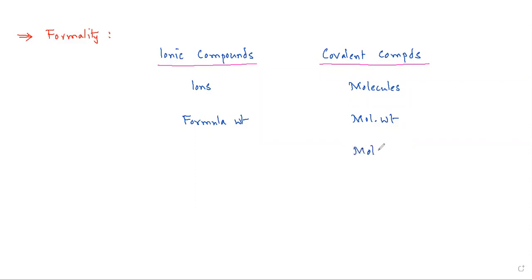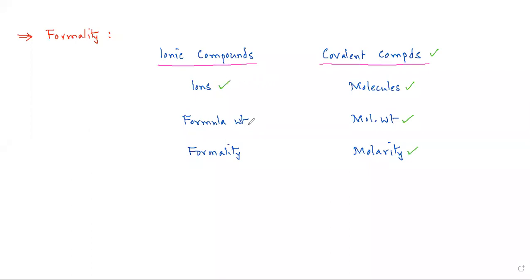Similarly, the concentration of the solutions of these covalent compounds is expressed in terms of molarity. In a similar way, concentration of the solutions of ionic compounds is expressed in terms of formality. So, in simple terms, molecules, molecular weight, molarity in case of covalent compounds.